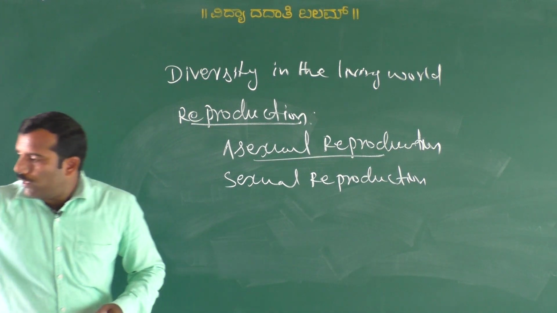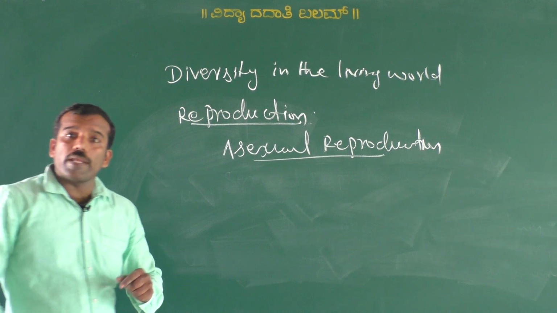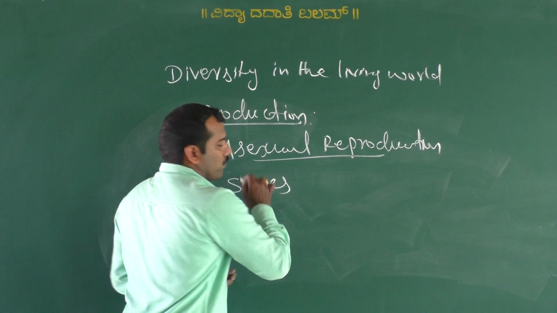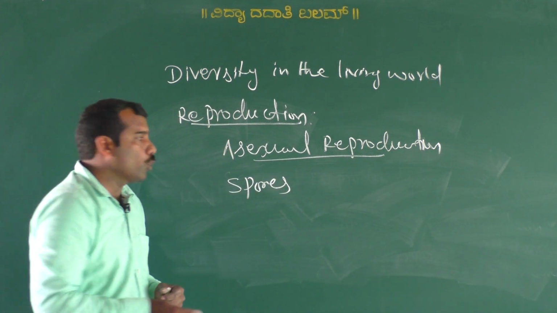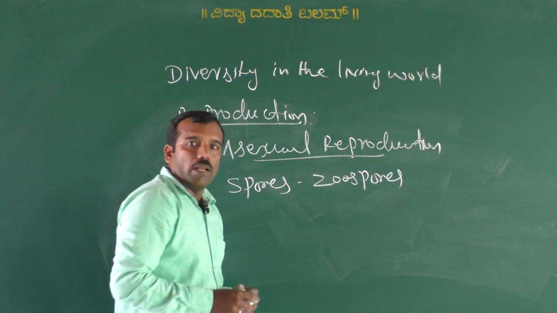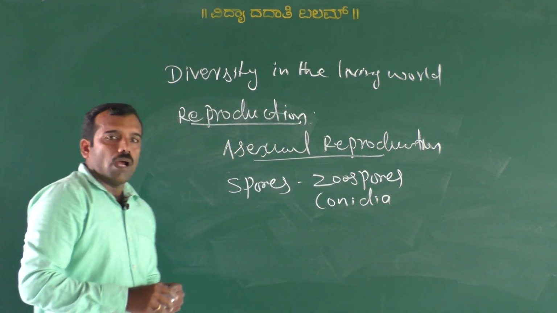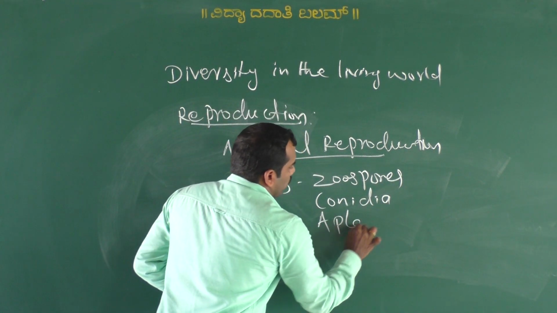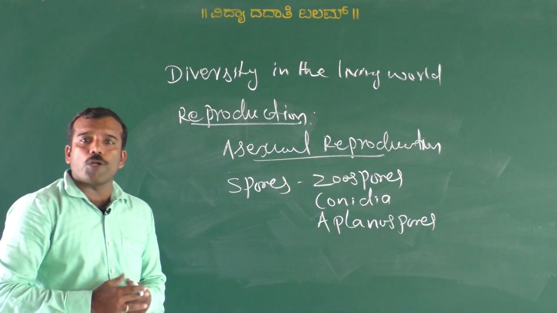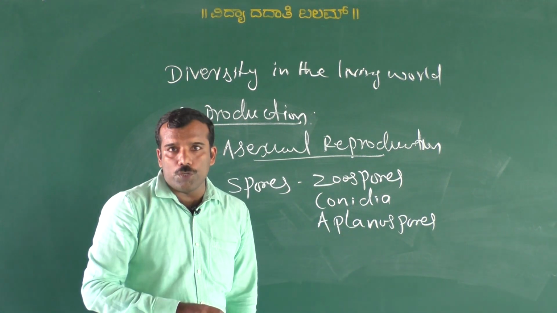For example, in fungi and also in algae, they produce asexual spores like zoospores, like conidia, aplanospores. These are different types of spores produced by algae and fungi. These spores once again develop into a new individual.